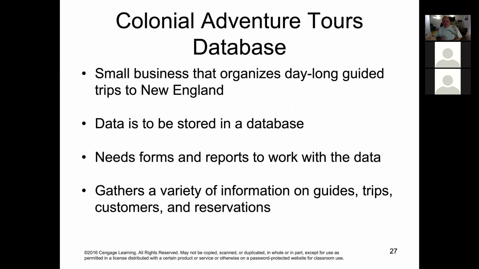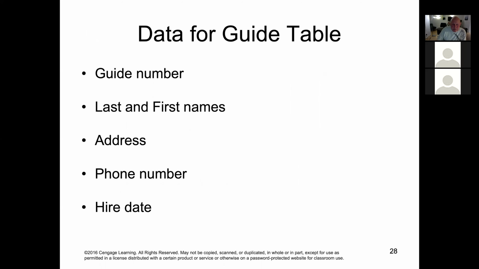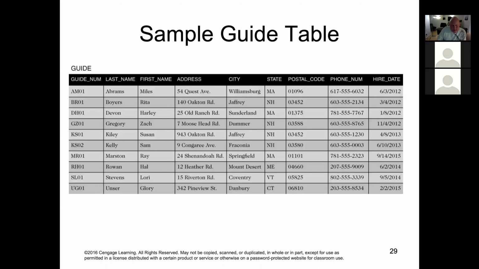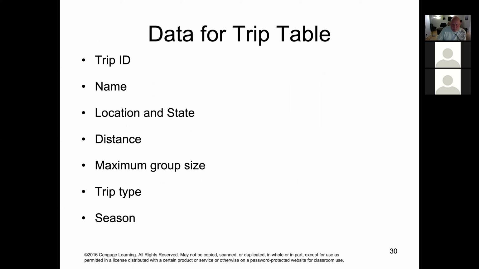This is the example of the Colonial Adventures Tours database and the data and the forms. Guide number, last and first names. Again, a sample guide table for this travel database.